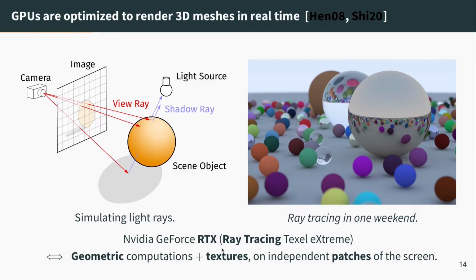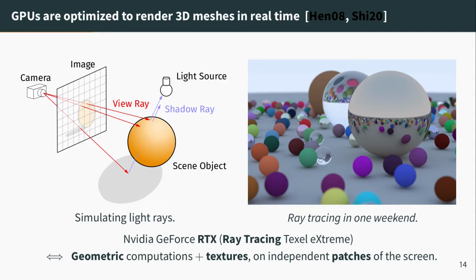The RTX explicitly stands for ray tracing. And the idea is that the GPU is going to dispatch the job to the different cores by just cutting the screen into small tiles, independent tiles that work in parallel.